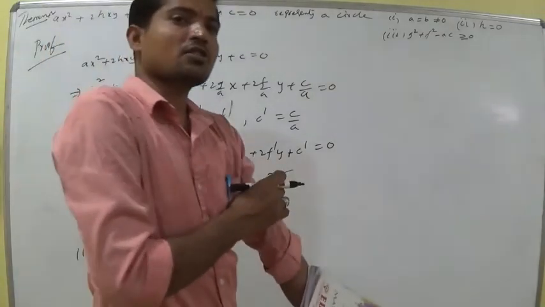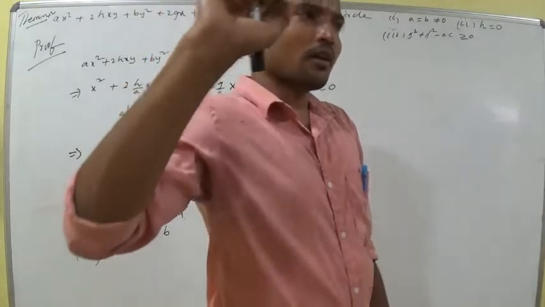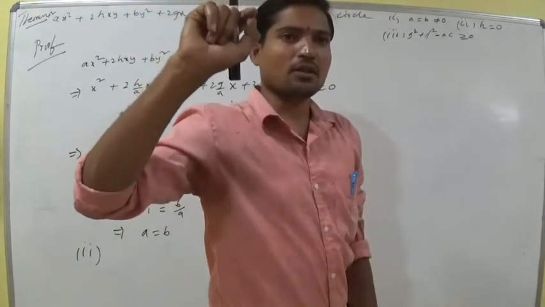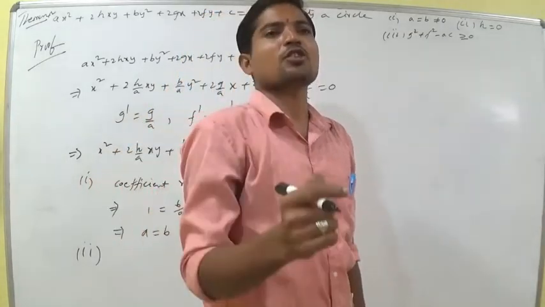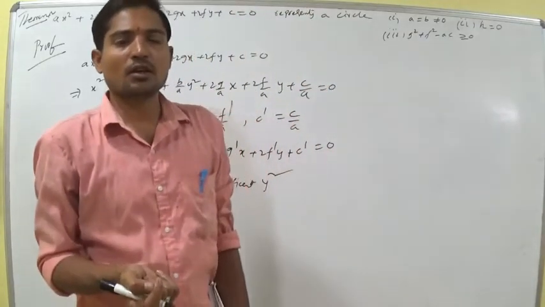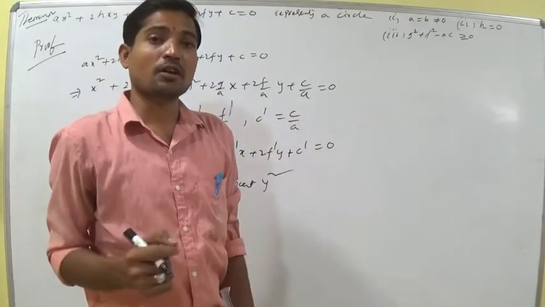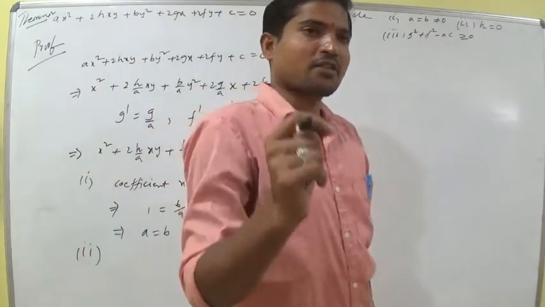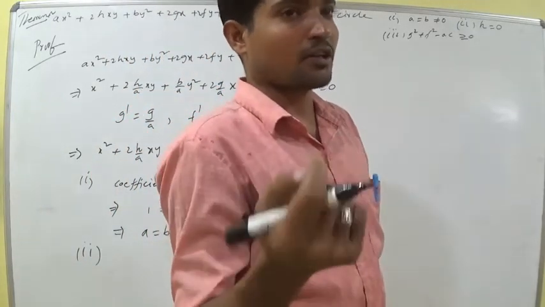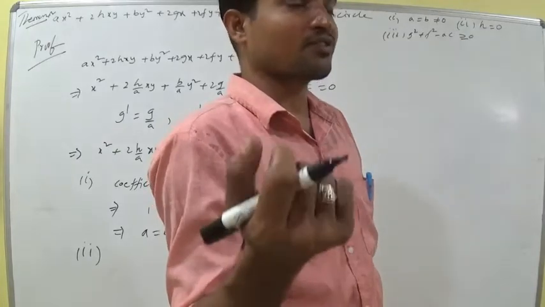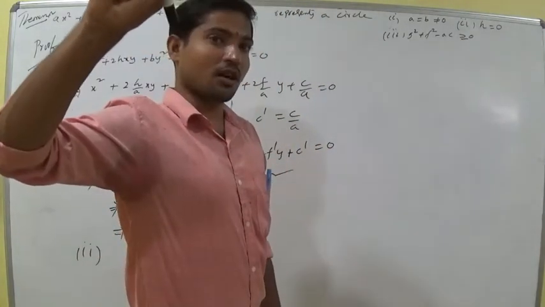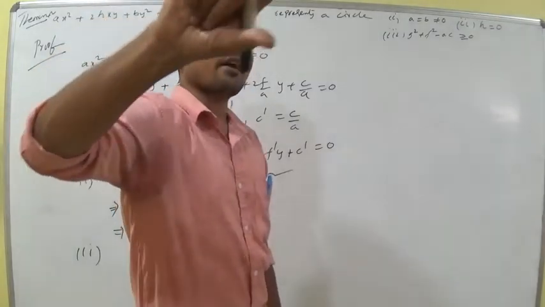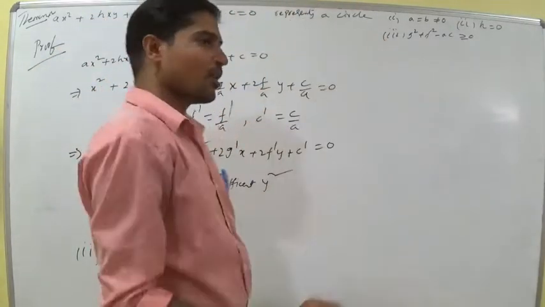Very first we discussed that suppose the center is (a, b) and any point on the circle is P(x, y), then the equation of the circle is x² + y² - 2ax - 2by + c = 0. The x² and y² coefficients are the same, and the xy coefficient is equal to 0.